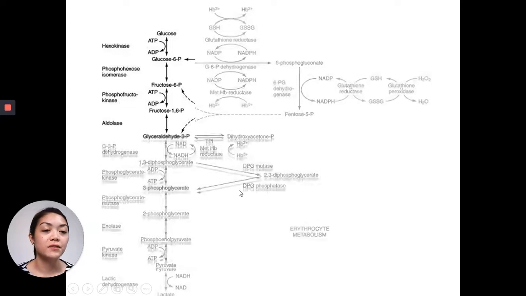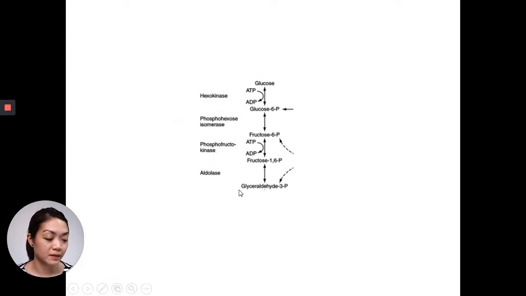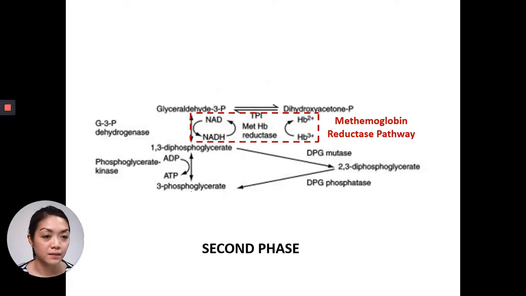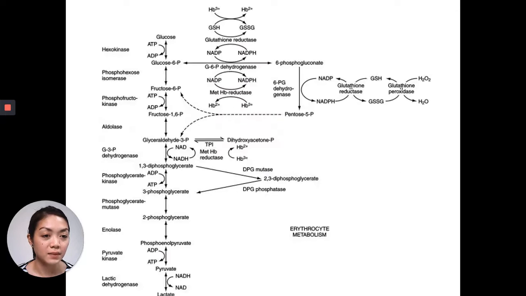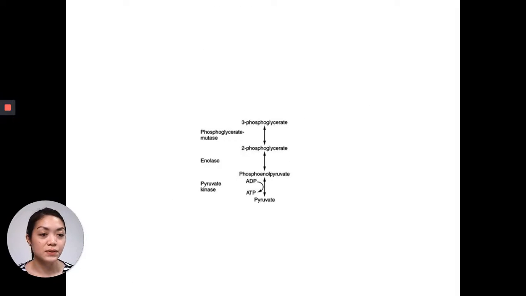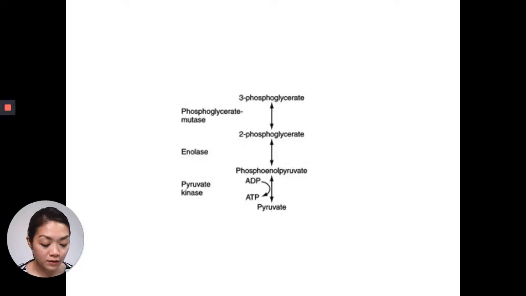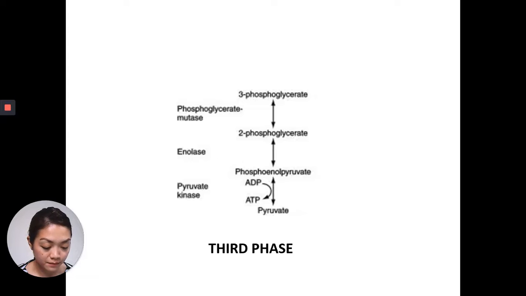Okay? Third phase naman of our EMP. So, starting naman from 3-PG or 3-phosphoglycerate, okay, it's converted by phosphoglycerate mutase to 2-phosphoglycerate.